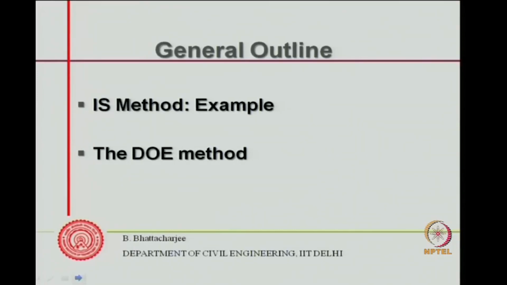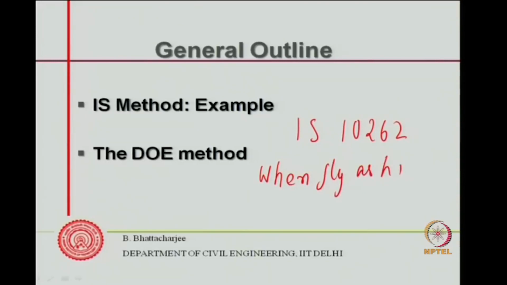Right. So, just to recall, when we discussed the IS 10262 method, we said that when fly ash is used with cement, it is recommended that C dash plus F should be 1.1 C, where C is the cement content without fly ash.